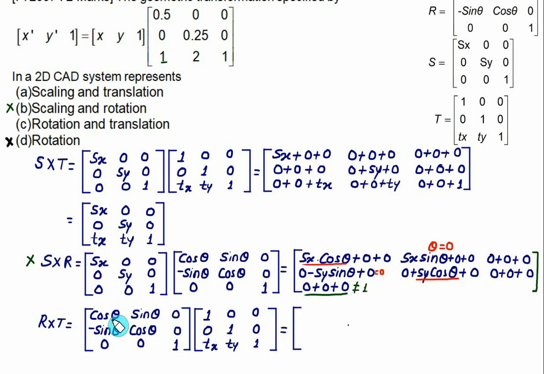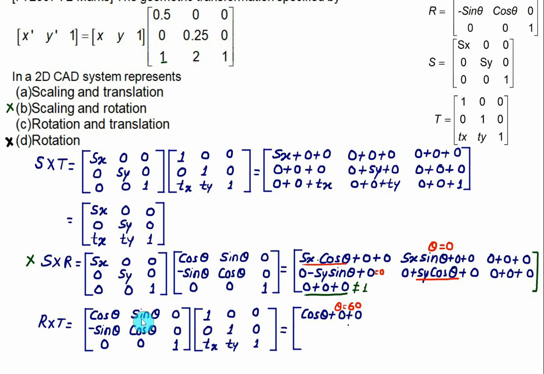We have cos theta into 1, that is first row and first column, so we have cos theta. Then we have sin theta into 0, that is equal to 0, and we have 0 into tx. Now here the first term is cos theta, so we are getting cos theta equal to 0.5. It means that theta is equal to 60.